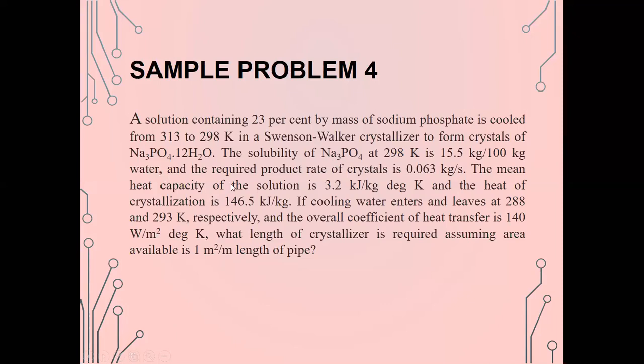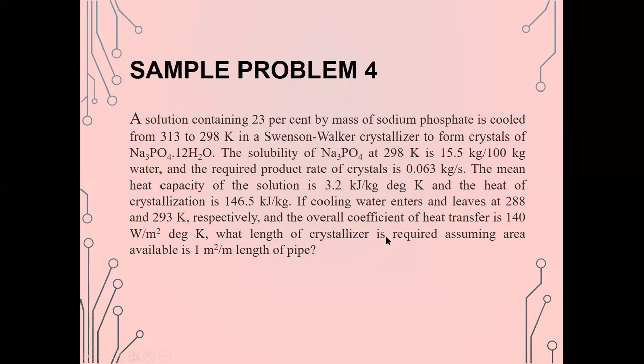And then the required product rate of crystals is 0.063 kilograms per second. The mean heat capacity of the solution is 3.2 kilojoule per kilogram Kelvin, and the heat of crystallization is 146.5 kilojoule per kilogram.